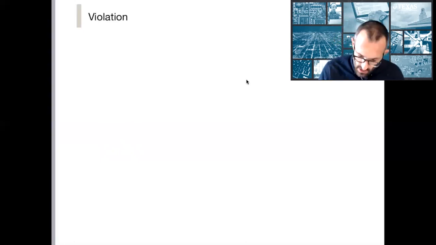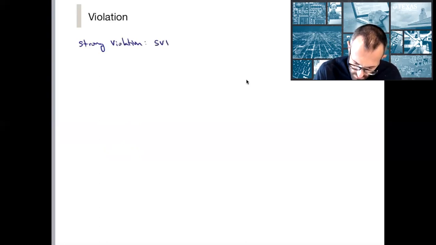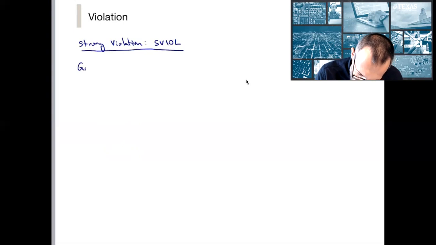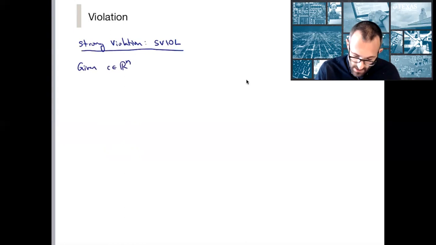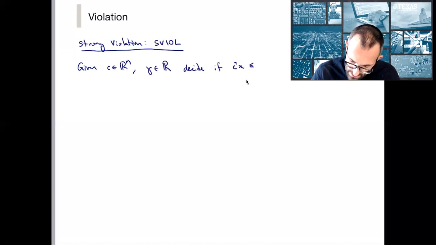So the strong violation problem is as follows: given a vector c in Rn and given gamma, some real number, decide if c transpose x is less than gamma.